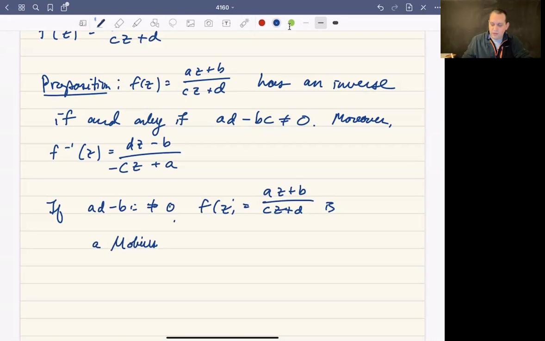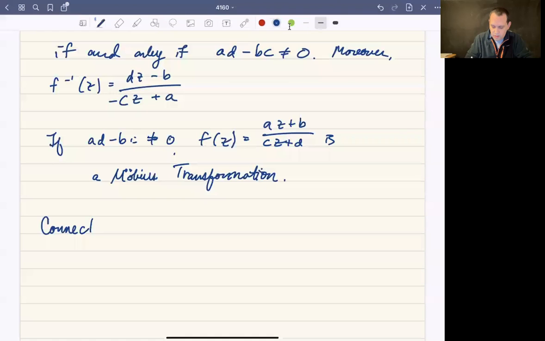Now, the last thing that I just want to call your attention to, and I've already alluded to this, is that ad minus bc being non-zero should remind you about 2x2 matrices in linear algebra. So there's a connection between a 2x2 matrix a, b, c, d and the fractional linear transformation az plus b over cz plus d.